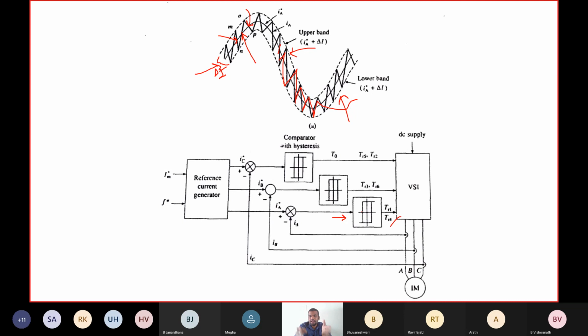The reference currents IA star and IA are connected to the inverters, and those inverters are switched fast. When you switch on and off very fast, the harmonic current will be very low. This is the concept, and that's enough now.